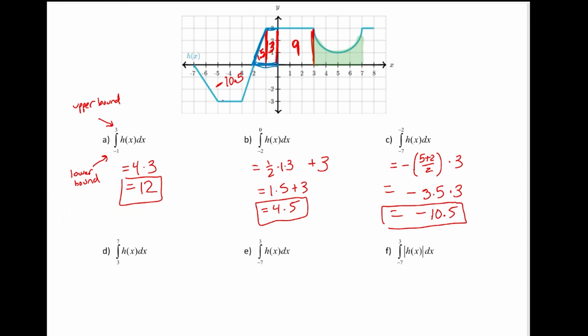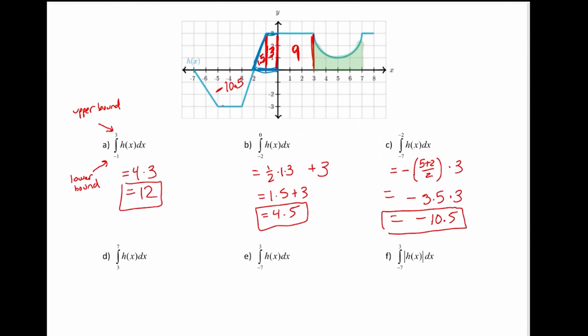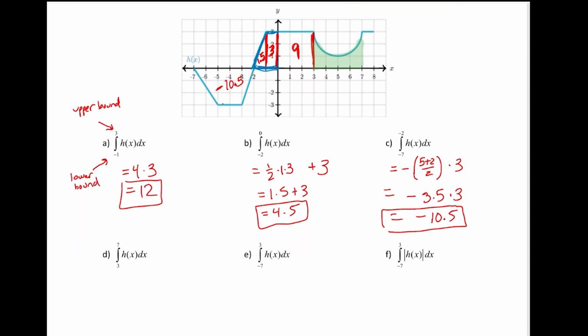Now, that doesn't look like a rectangle or a triangle or really any shape that we're super familiar with. But what we do see is that the little curve above it is a circle, or at least a semicircle, half of a circle. So we could approach this a little differently by thinking about the rectangle between 3 and 7.